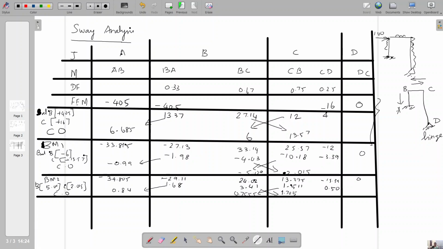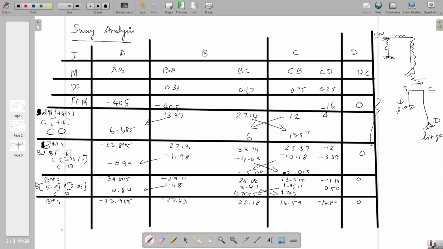And again you add. Another one iteration is remaining. You get BM3. For the trial 3, you will get the value minus 33.965, minus 27.43, 28.18, 16.59, minus 14.89.